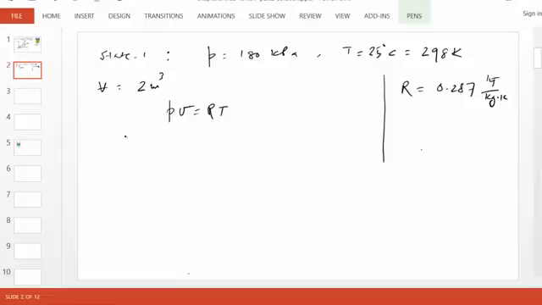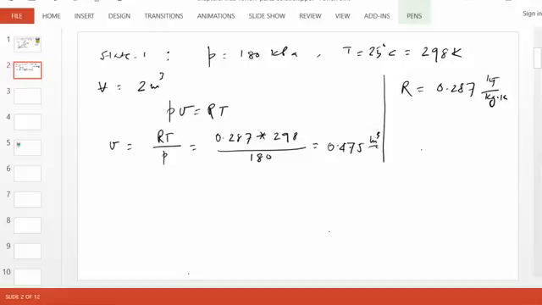As a result, we can figure out specific volume, RT over P, substituting the values. It turns out to be 0.475. And we know specific volume and the total volume are related.